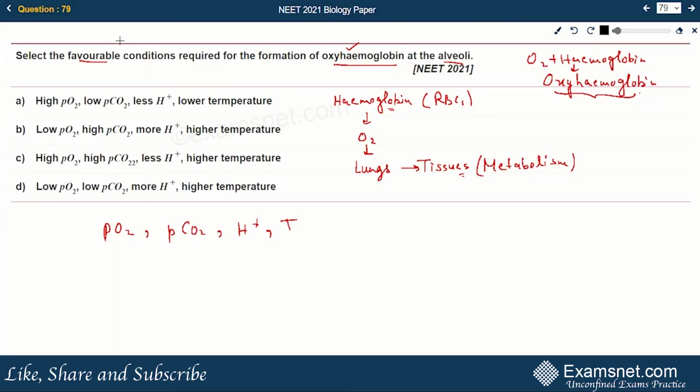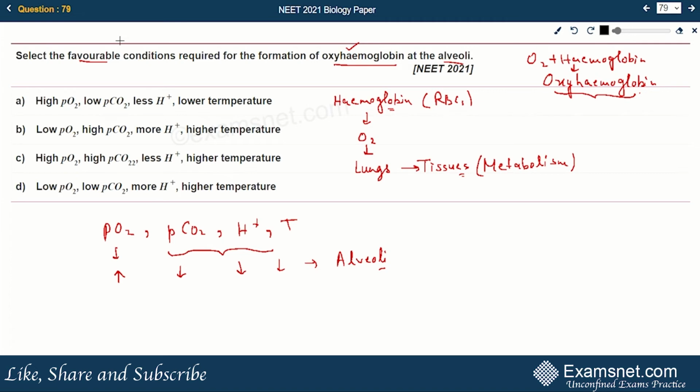The most favorable condition is when the partial pressure of oxygen is high whereas all the other things are low. That means lower partial pressure of carbon dioxide, lower hydrogen ion concentration and lower temperature. And this is the condition that is found in the alveoli. Therefore, oxyhemoglobin is formed at the alveoli. So which of the options correctly fit this?